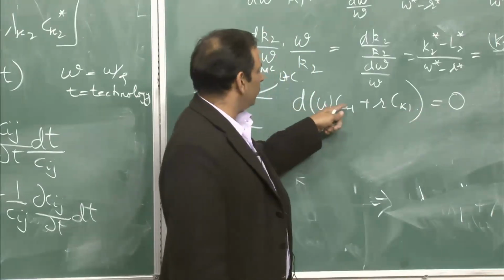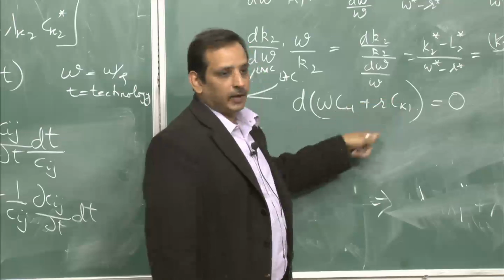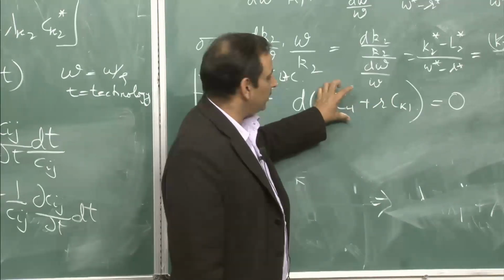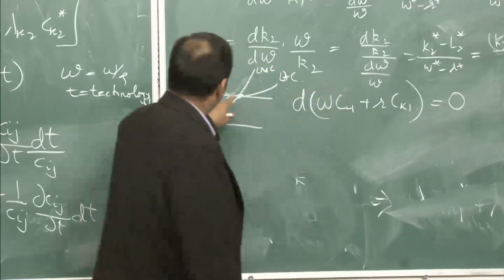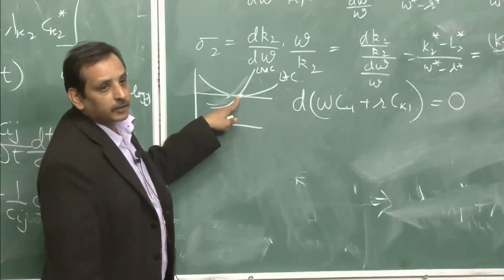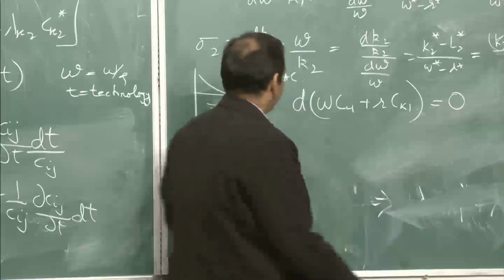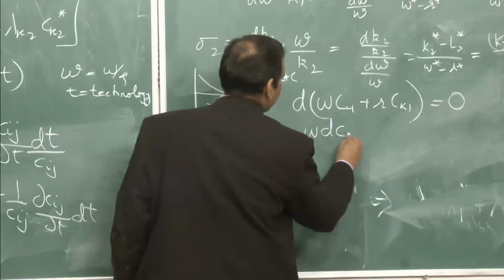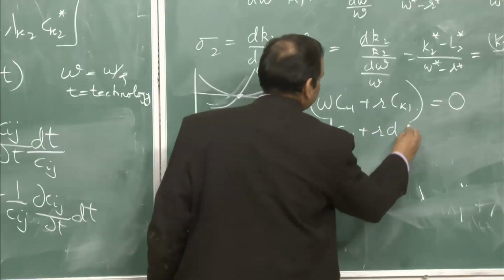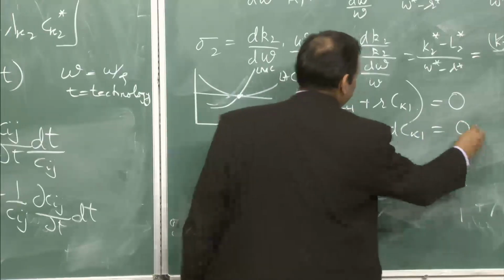So, you get W L1 plus R K1 divided by x1. So, this is the average cost. Now, you are operating at the minimum of this average cost. So, this should hold. If this holds, then W dCL1 plus R dCK1 is equal to 0.